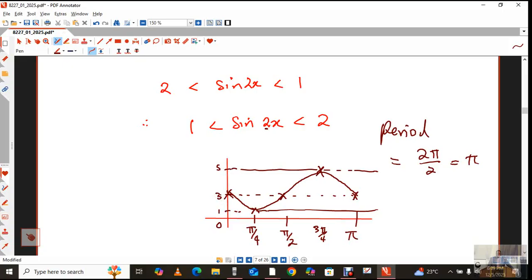Now that I have that, I think I'm ready to sketch my graph. So my middle line is here at 3. It should be the same distance, and that distance is 2 units here, 2 units up there.